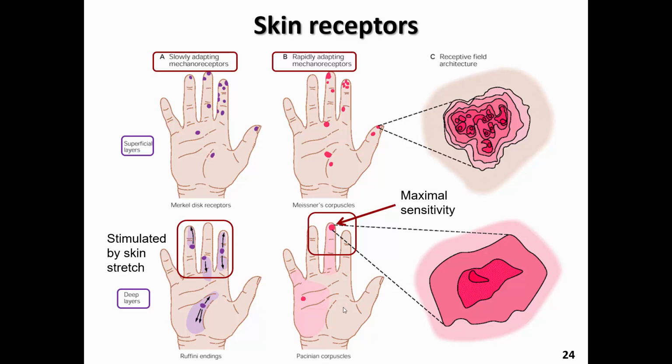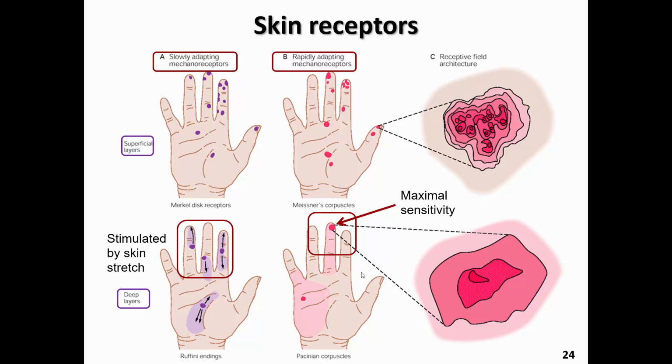As illustrated in the previous video, the Pacinian corpuscle is also fast adapting, but because it's located deep in the skin, it's able to detect depressions or external contacts over a wider surface area of the skin. In these tracings, the small circle represents the point of maximal sensitivity for those receptors, although with the deep ones, the receptor is still sensitive, not to the same magnitude, outside of that maximal sensitivity spot.